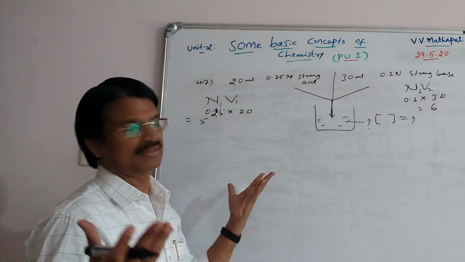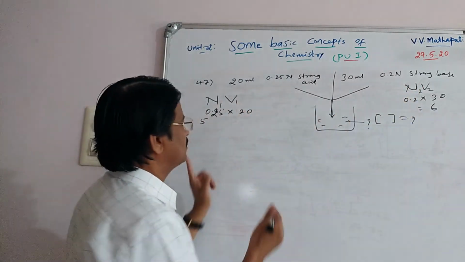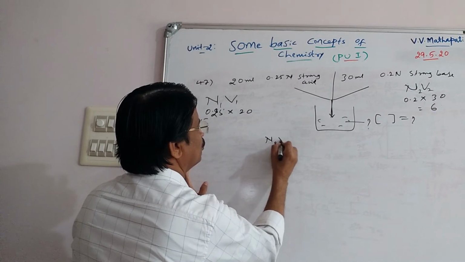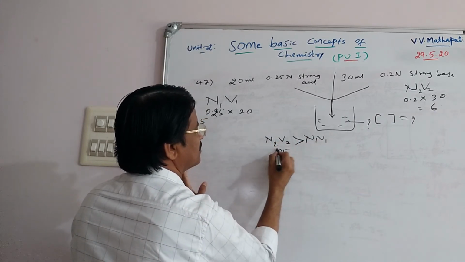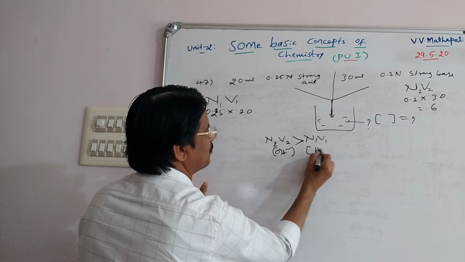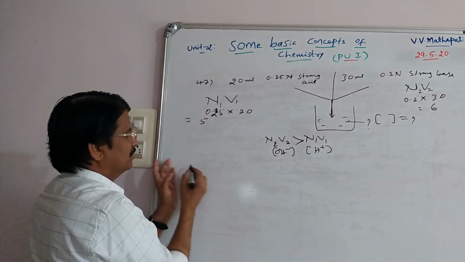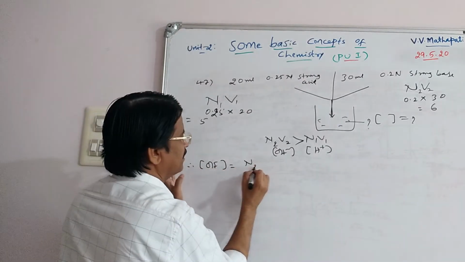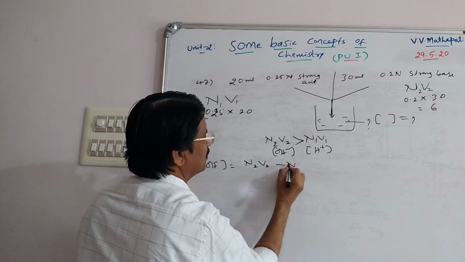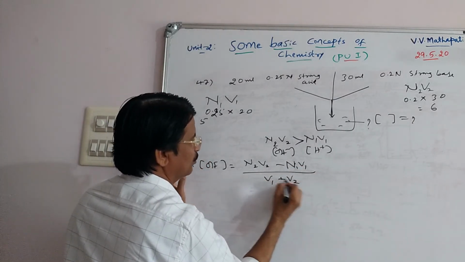This shows base is more than acid, means N2 V2 greater than N1 V1, means OH ion greater than H plus ion. Then the solutions are different, acid and base. Therefore, in such a case, OH ion concentration equals N2 V2 minus N1 V1 by V1 plus V2.